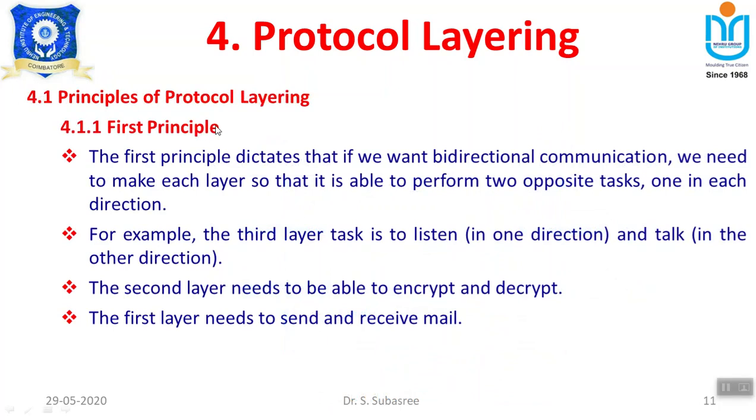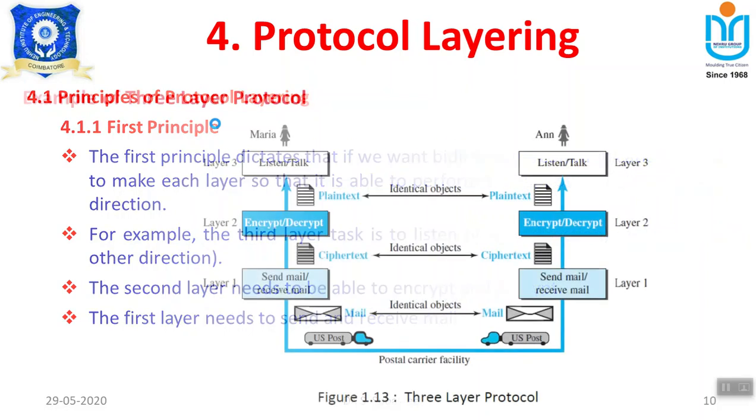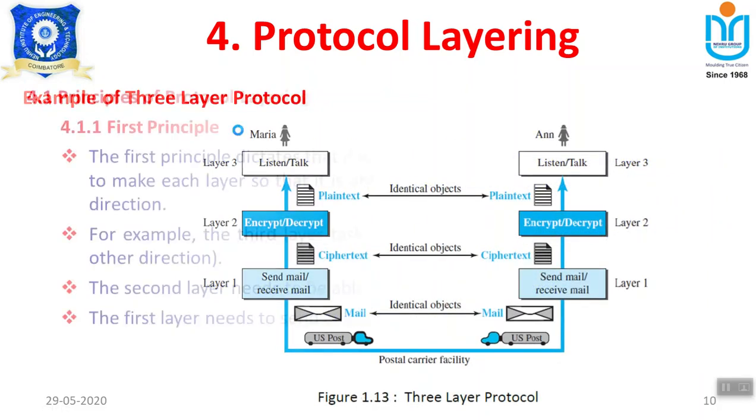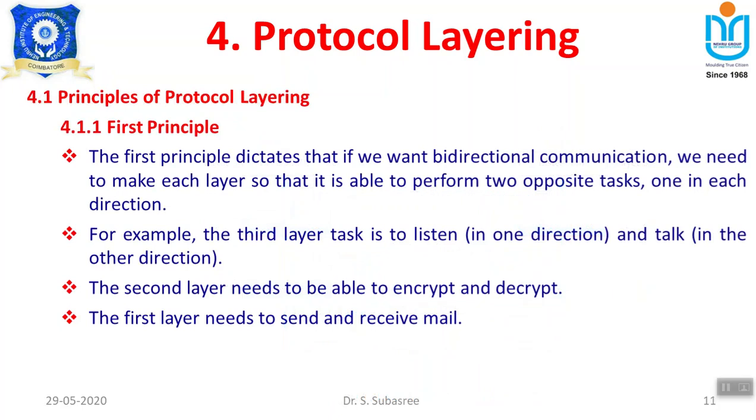And here, as far as protocol layering is concerned, we have discussed what a protocol is and how this protocol layer is functioning. So there should be some principle that has to be followed in protocol layering. The first principle dictates that if you want bidirectional communication, we need to make each layer so that it is able to perform two opposite tasks, one in each direction.